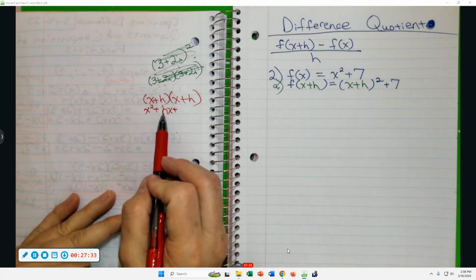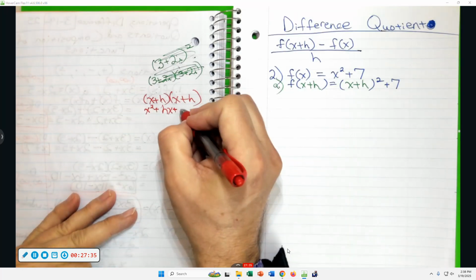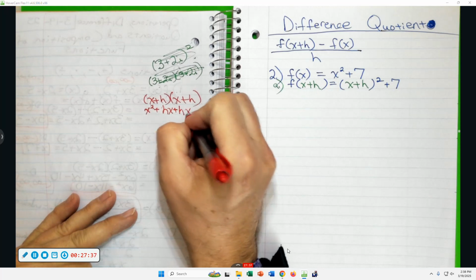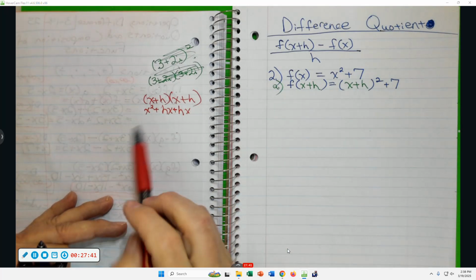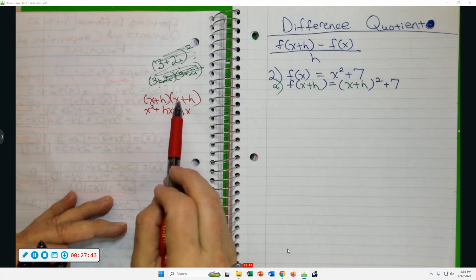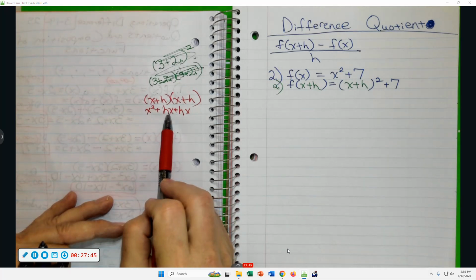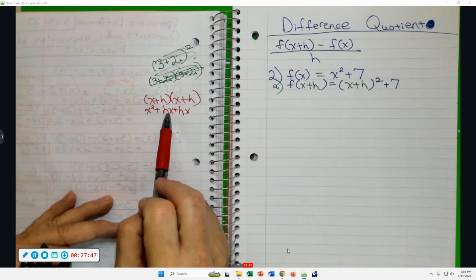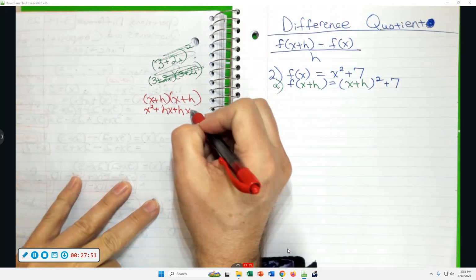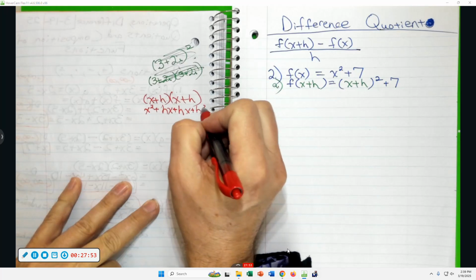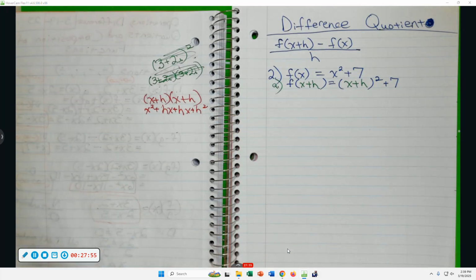If you'd written that as an xh and this one is an hx, you may not have noticed that they were like terms that could be combined. So my advice to you, if you have a term that has 2 different variables, put them in alphabetical order. And what's last? H times h, how will I denote that? H squared. Let's combine.